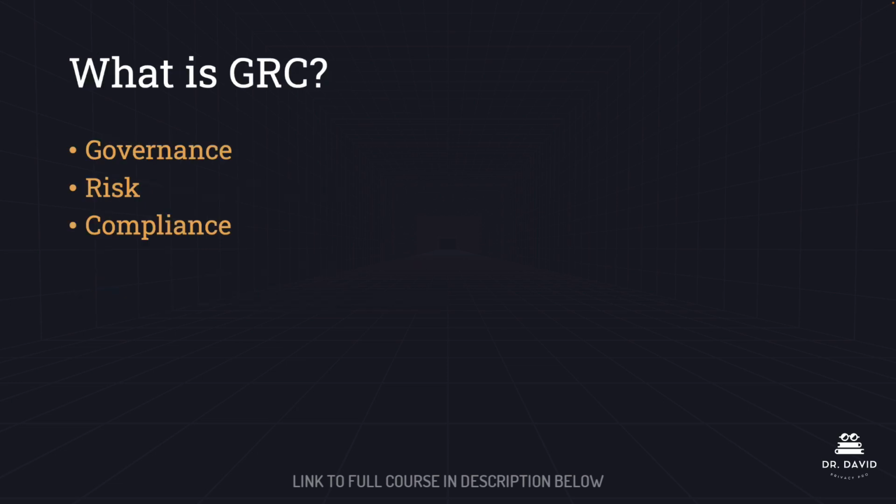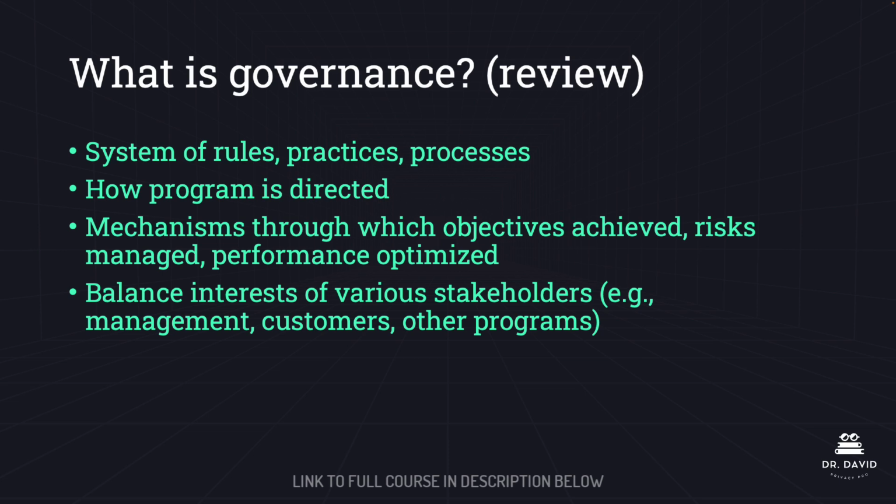Again, GRC is an acronym for Governance, Risk, and Compliance, and you typically see this in the context of tools or platforms that centralize the governance, risk, and compliance processes. We have already defined the term governance. As a quick review, governance is a system of rules, practices, and processes.